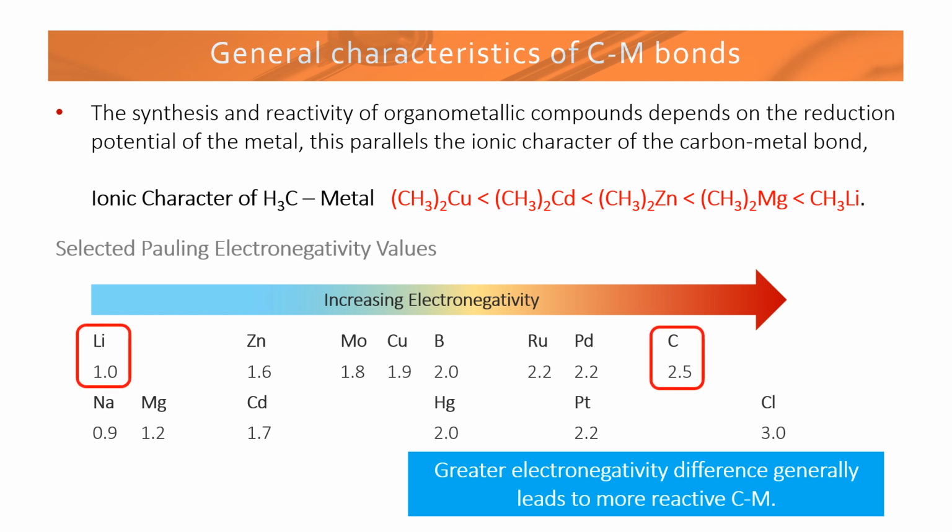It tells us that this lithium-carbon bond is more polar than the copper-carbon, because the difference in the copper-carbon is 0.6. It means that the lithiated species is more reactive than the copper species.